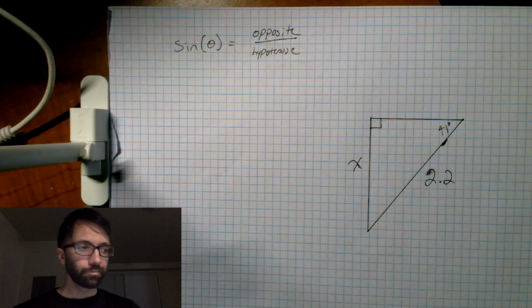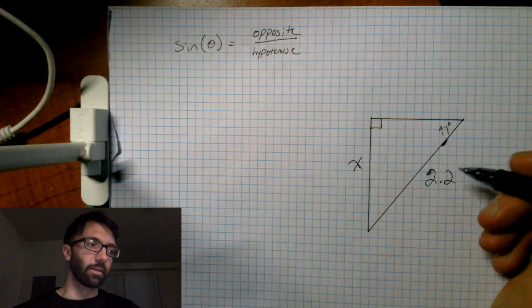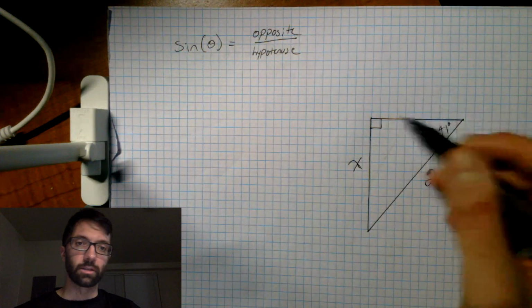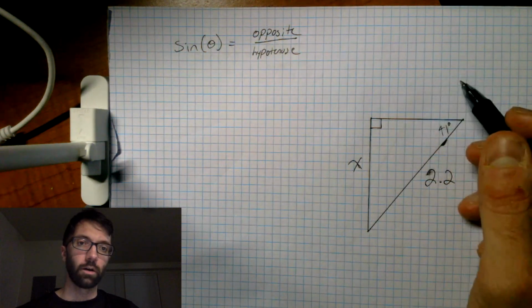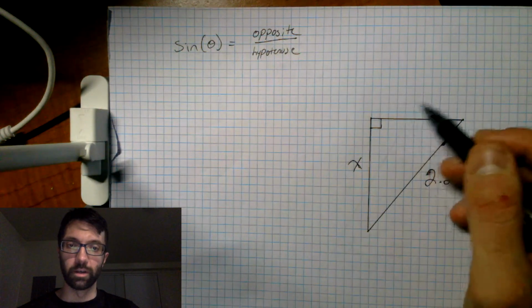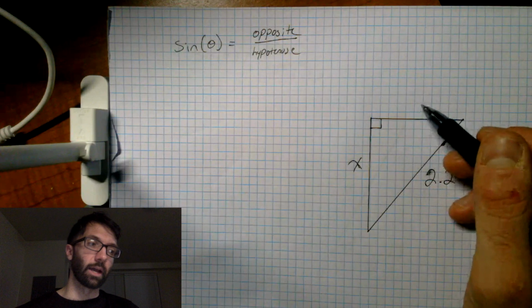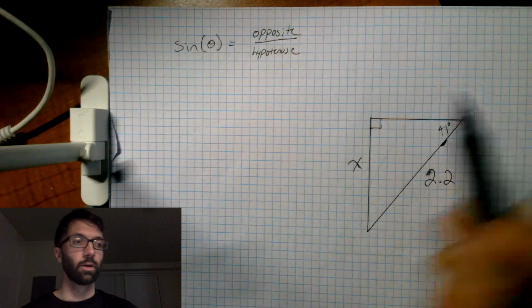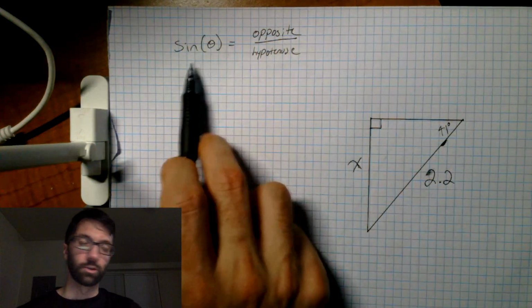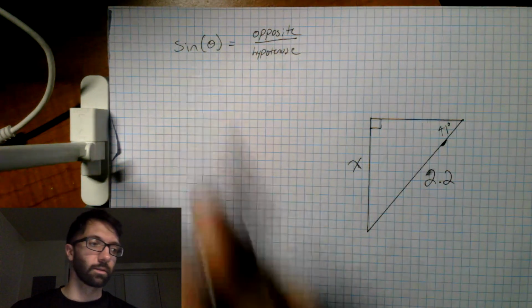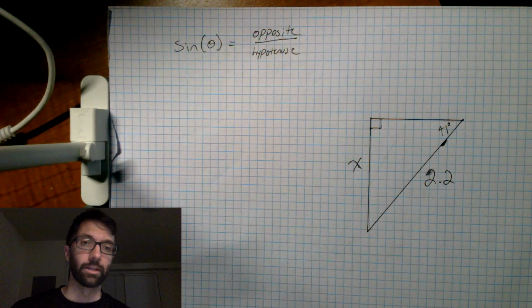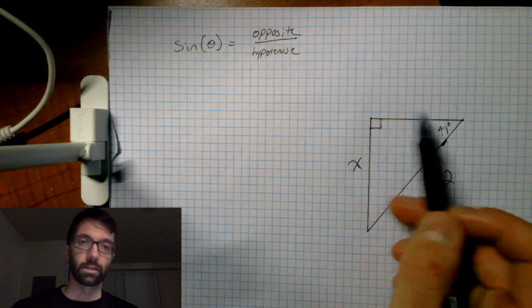Whenever you have a trig problem like this and the adjacent side isn't involved at all, so you don't know the adjacent side and you also don't want to find it, then sine is the trig ratio you want to use, because sine's the only trig ratio that doesn't involve the adjacent side.